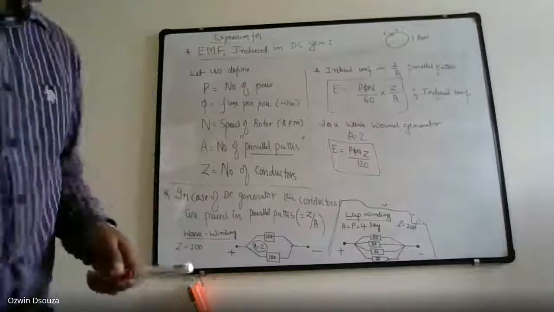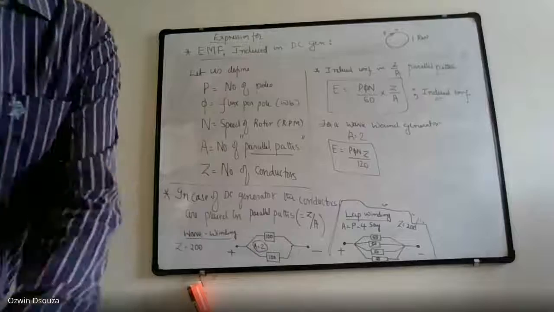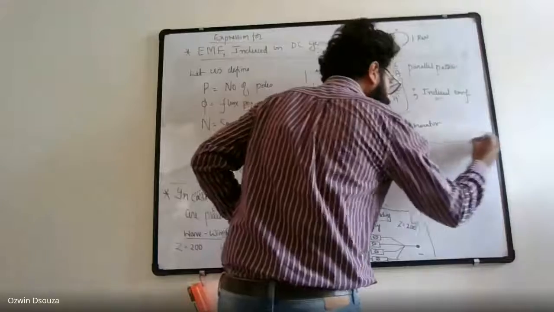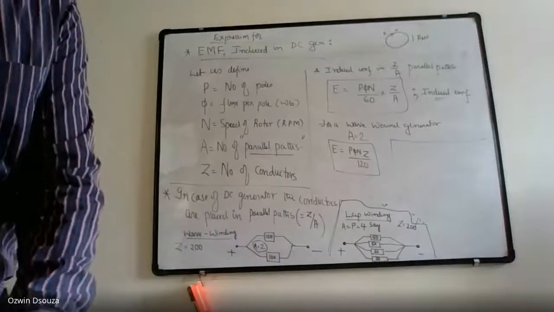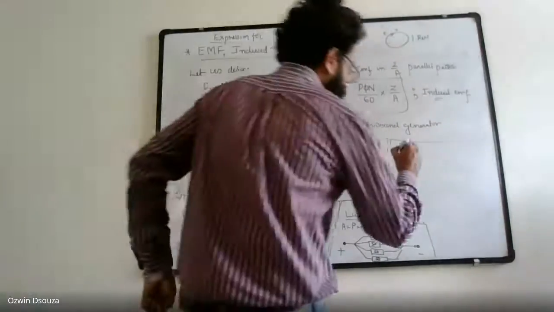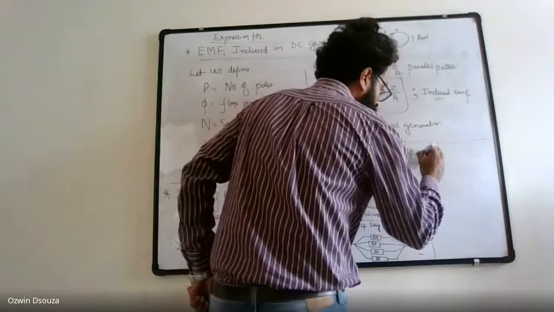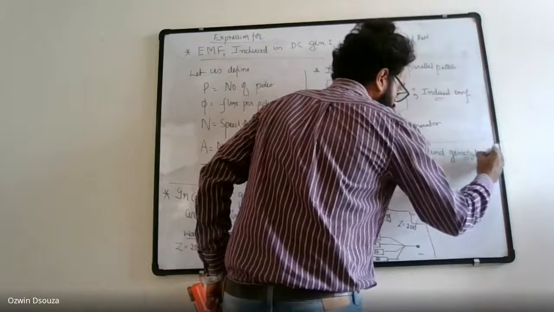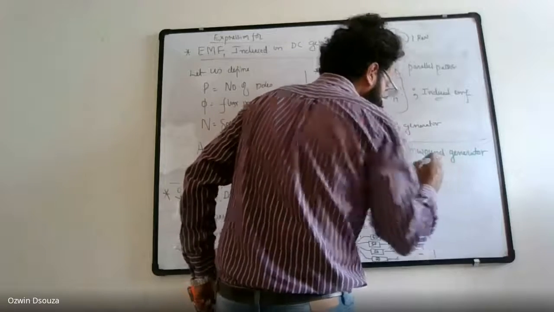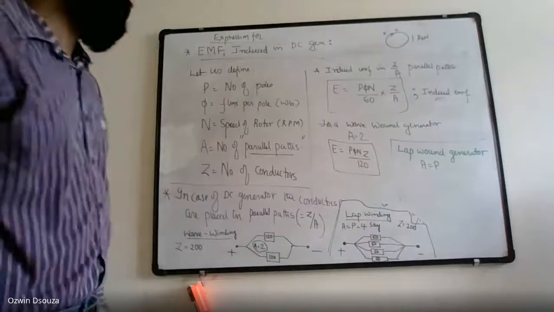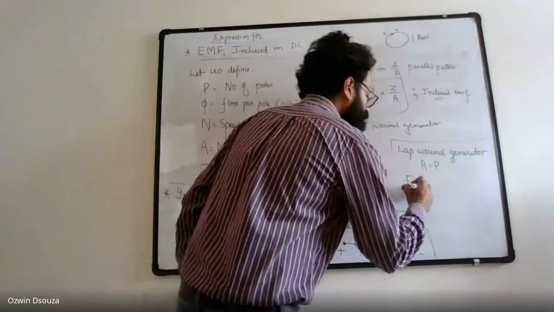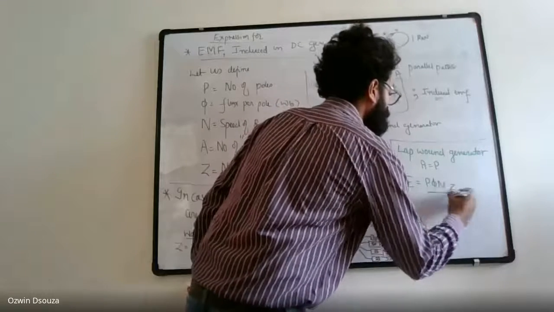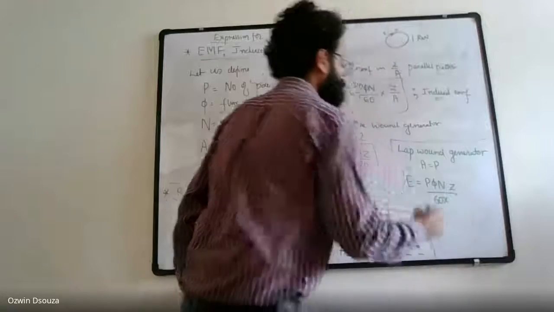On the other hand, if you consider a lap wound machine, A is equal to P, and due to which E is equal to P phi N into Z divided by 60 into A. What is A?